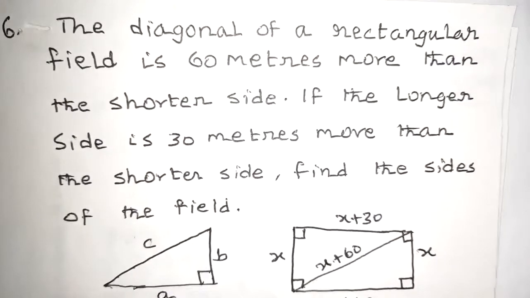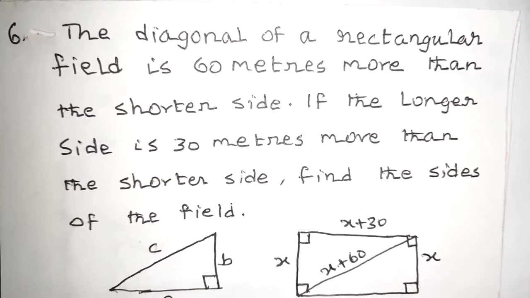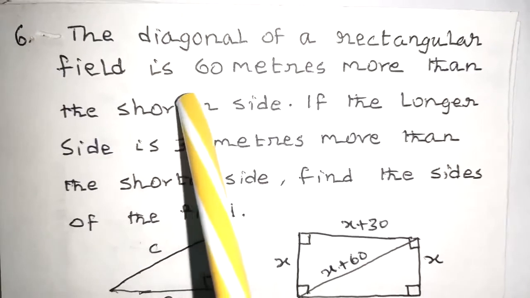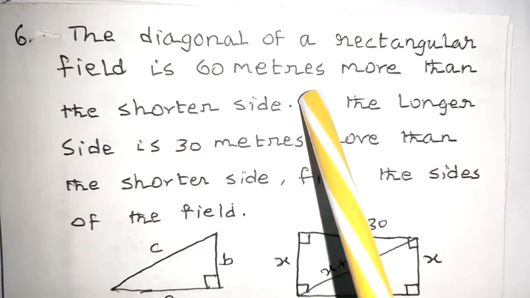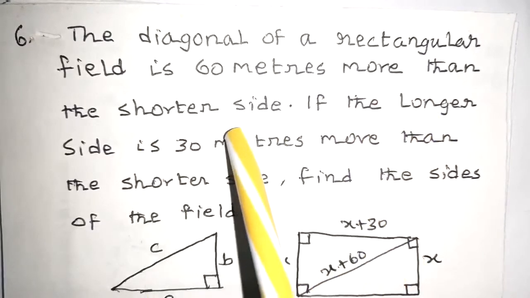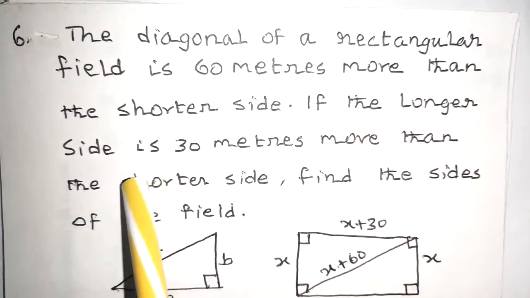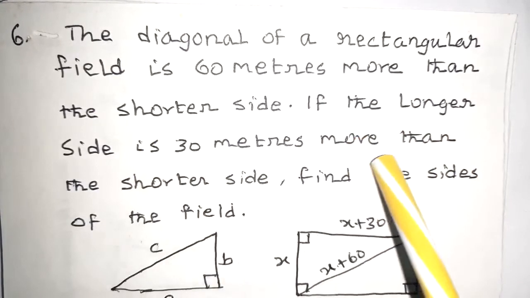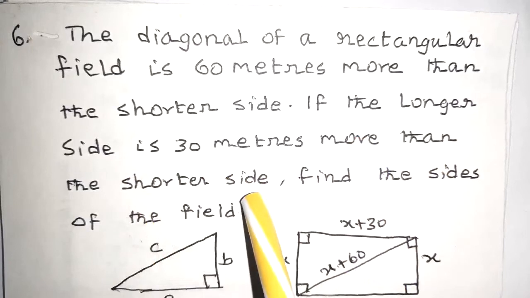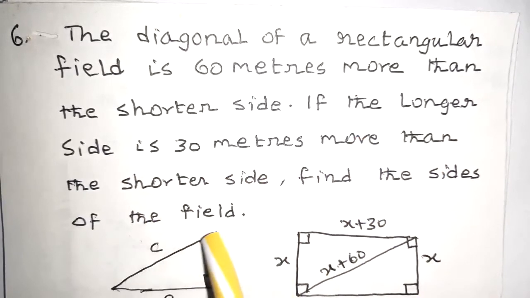Now we consider another problem. The diagonal of a rectangular field is 60 meters more than the shorter side. If the longer side is 30 meters more than the shorter side, find the sides of the field.